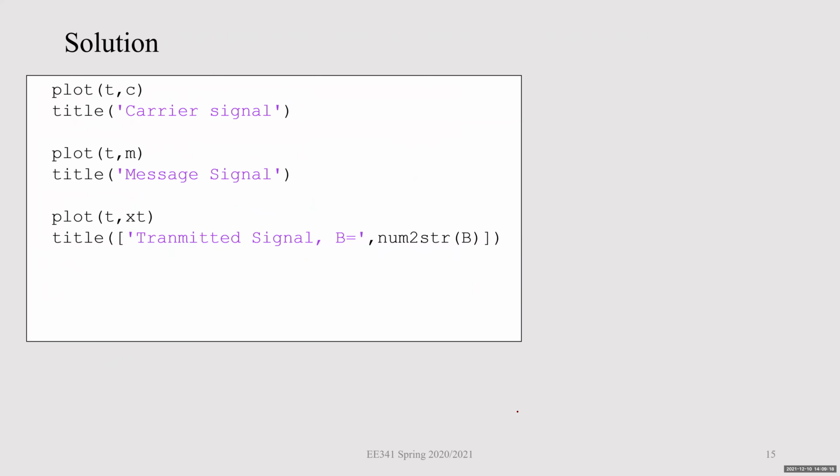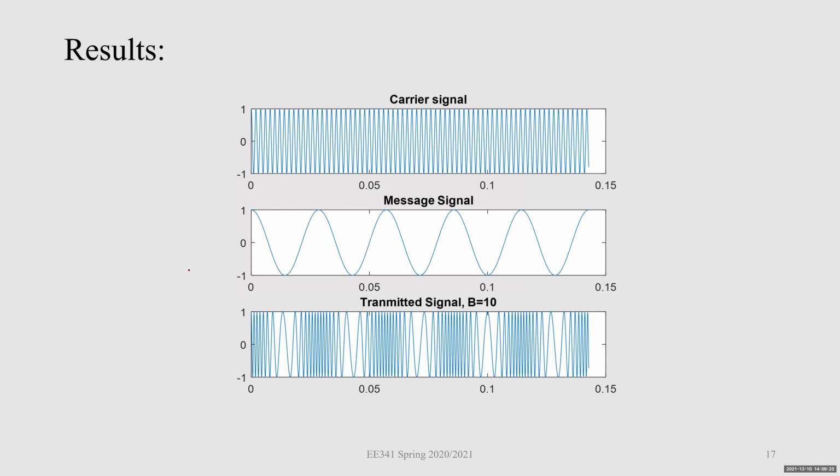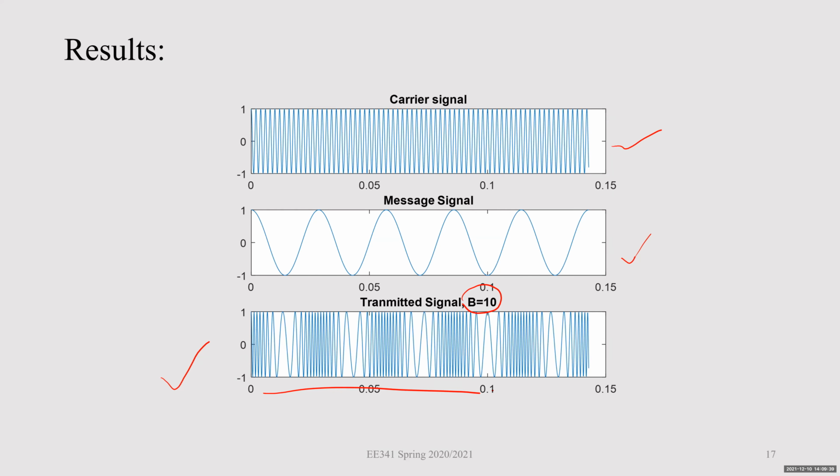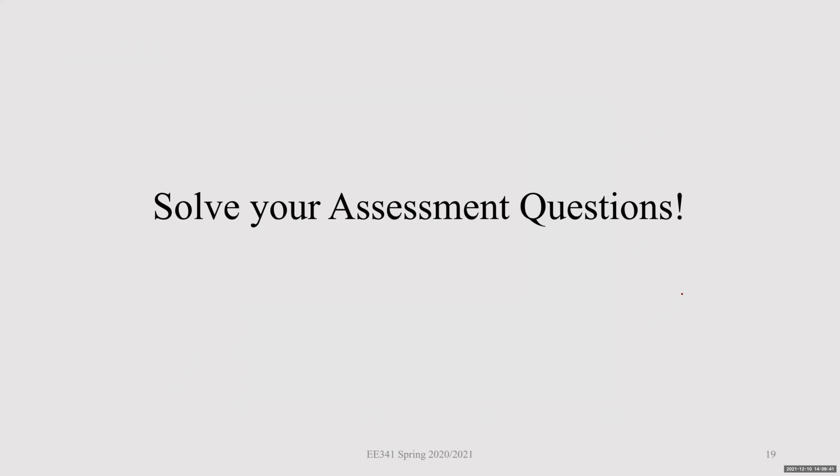Then carrier, message, and transmitted signal. Here you will see that this is your carrier signal, this is your message signal, and this is the frequency modulation. When beta is equal to 10, the output is this, and after passing through the demodulator, I get my estimated signal here.